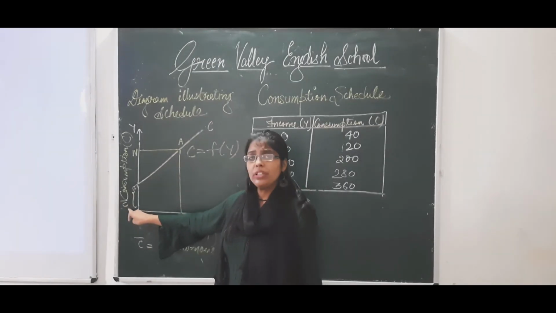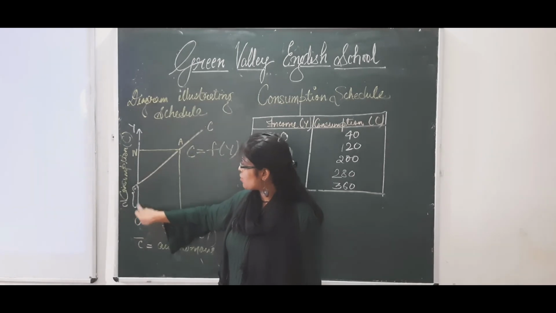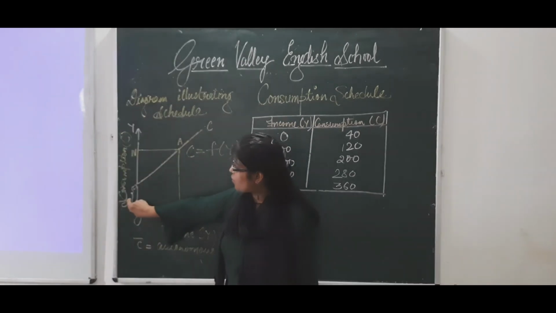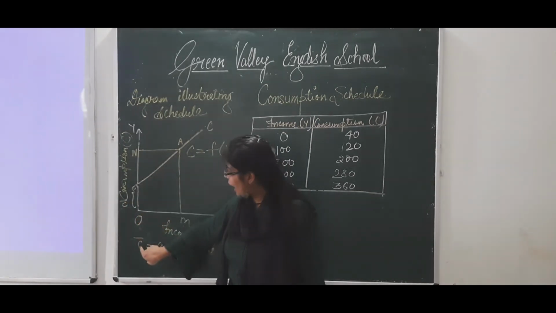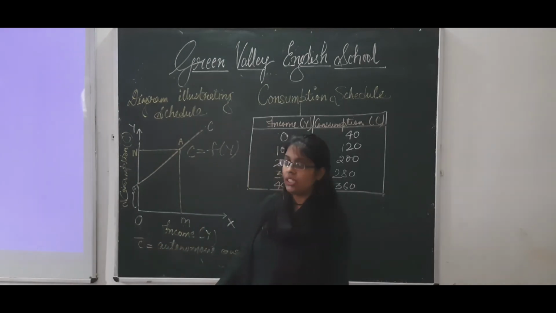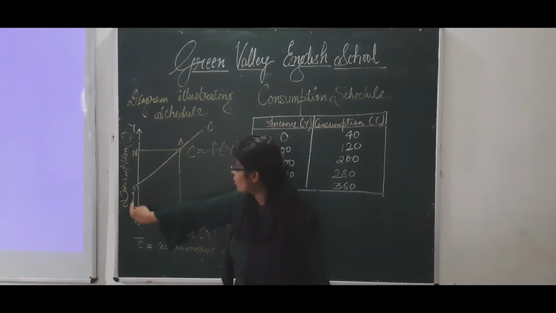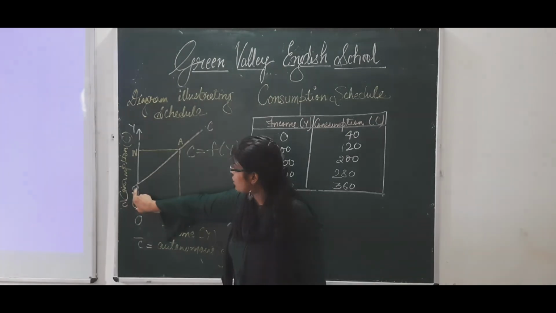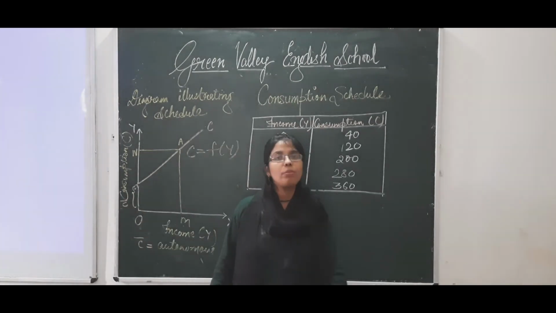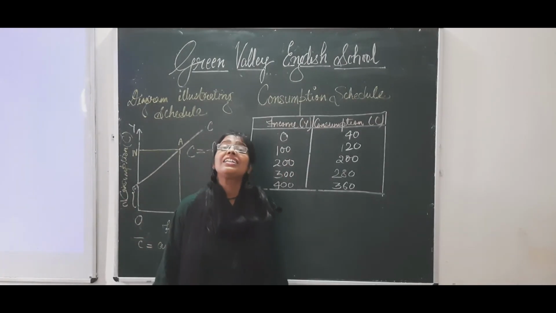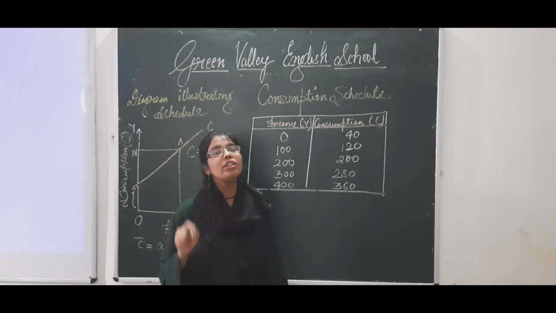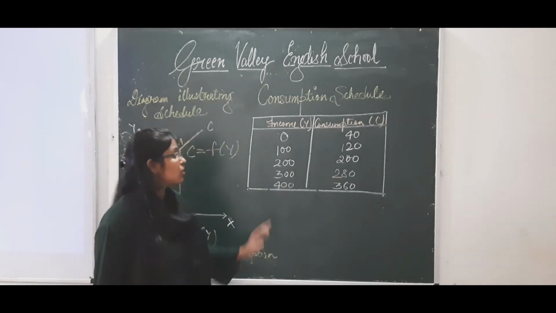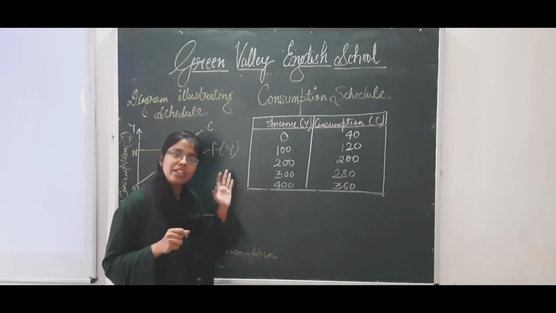Bar C, you will see, means from here to here, from point O to C. This represents bar C, so bar C is equal to OC, taking origin O to point C. This represents autonomous consumption, meaning that there is still consumption when income was 0.